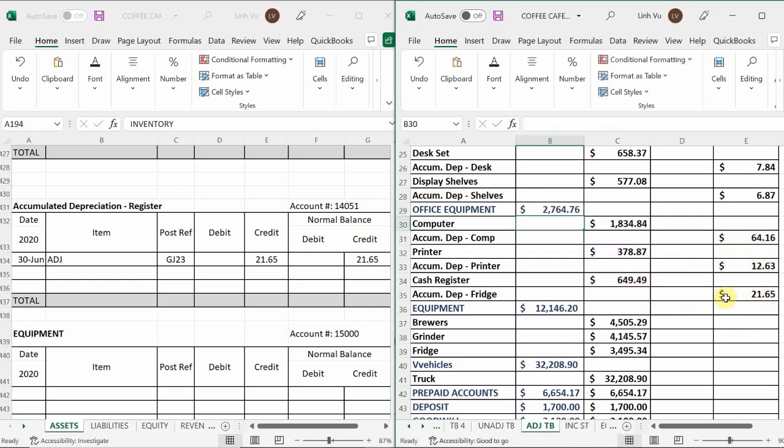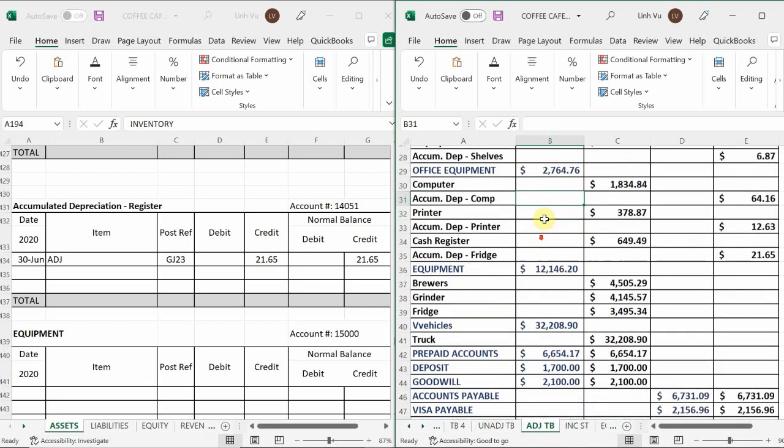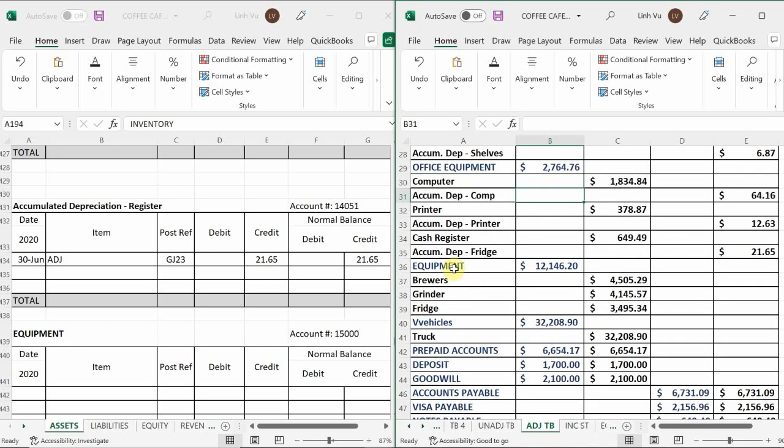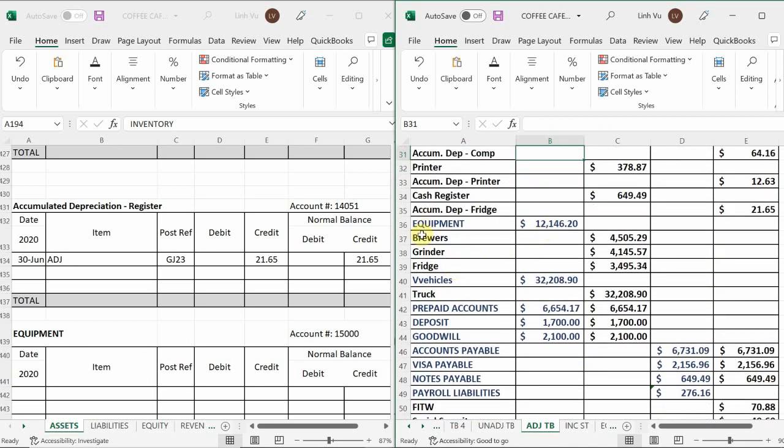And plus my cash register, I'm sorry, to give me a grand total of $2,764.76. So again, it decreased in value. That's your book value. Next is going to be my equipment.